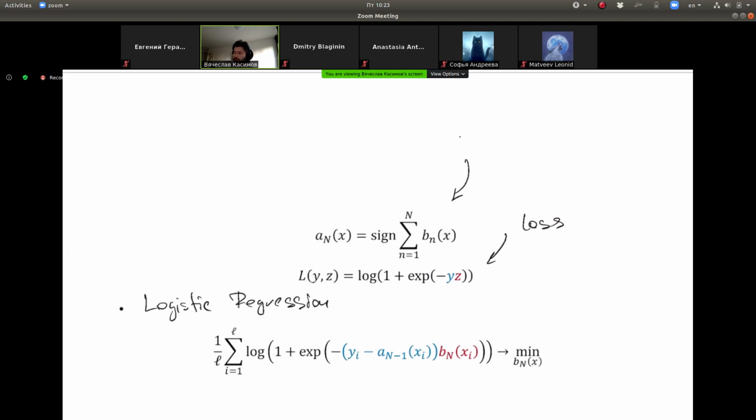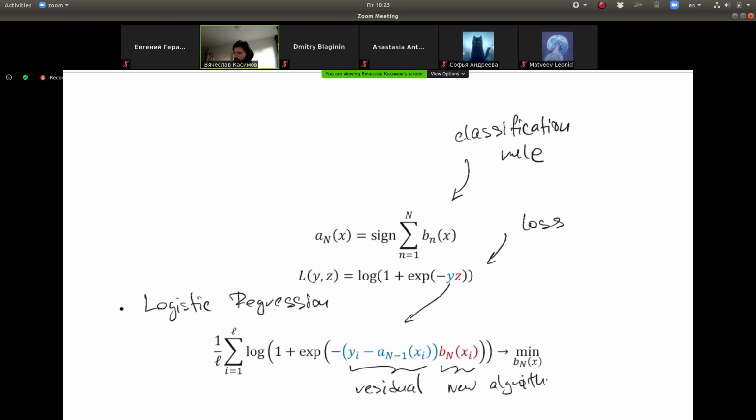This is our classification rule. Let's modify our targets as follows: we take the difference, what we call the residual, and then multiply by the new algorithm. Let's see who is who here.